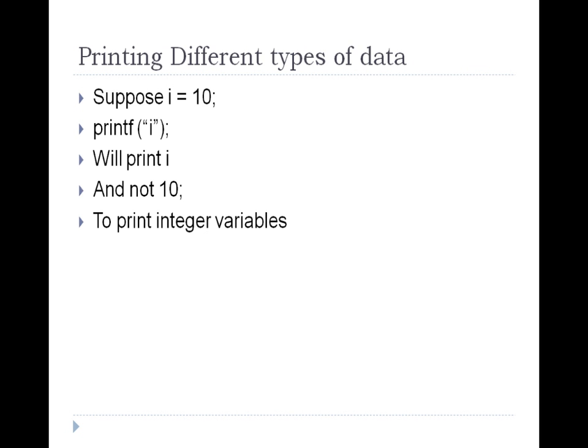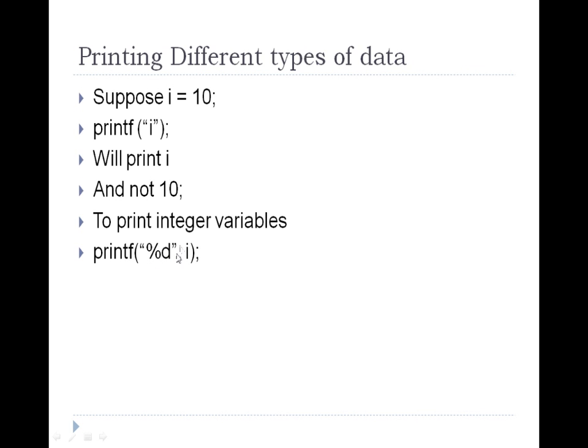In order to print the value 10 or the value of integer values, we have to do something like this: printf %d comma i. So %d is within the quotes, and i is outside the quote. The %d will denote that an integer value has to be printed.